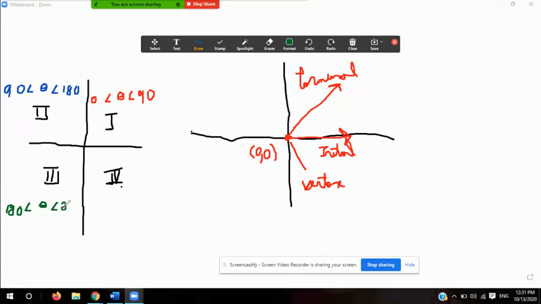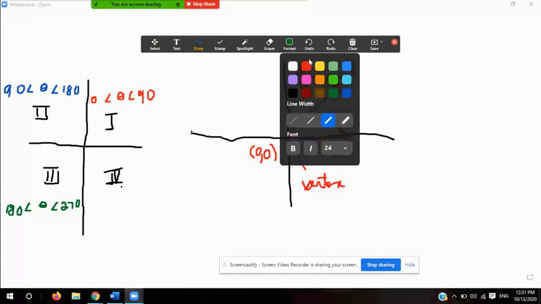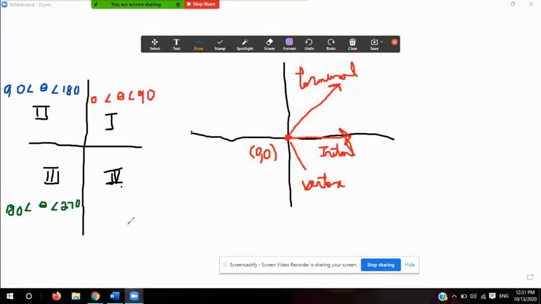Okay, that would be in quadrant 3. And in quadrant 4, theta would be greater than 270 but less than 360.